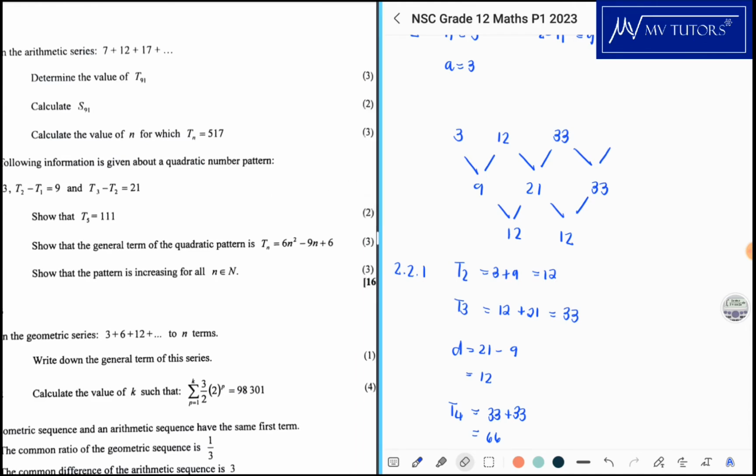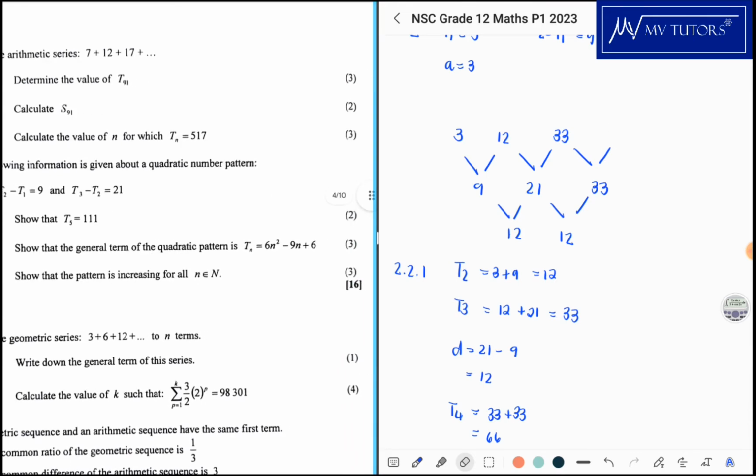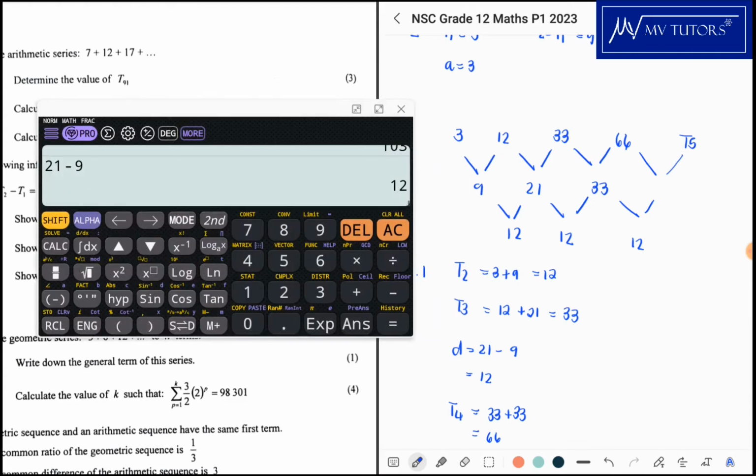By the way, how many marks is this question? Just 2 marks. And we're doing so much. It's okay. All right, and then now we're getting to term 5. What is term 5? So I know the common difference here is 12. So 33 plus 12. We're going to just take out our calculators quickly. And that is 45. And now what is 45?